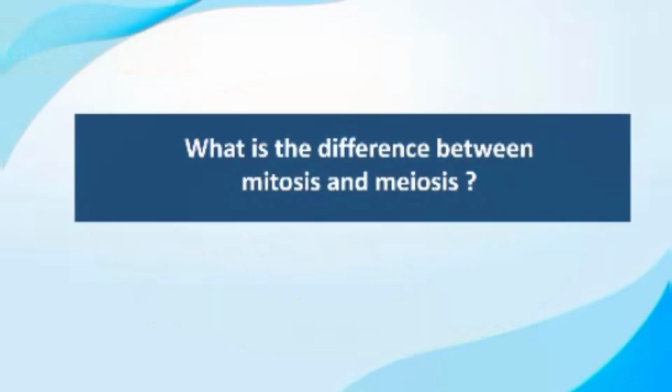Have you ever taken the time to wonder how your body repairs itself after a cut, or how you became who you are today? Genetically speaking, well, these processes occur because of mitosis and meiosis.